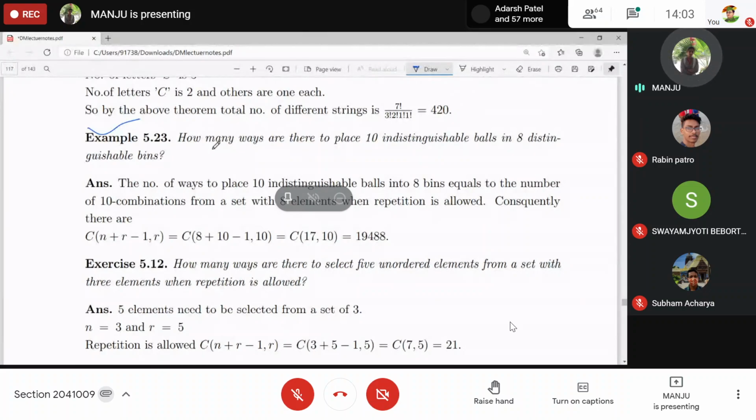So, how many ways are there to place 10 indistinguishable balls in 8 distinguishable bins? See, 10 indistinguishable balls you are putting in 8 bins. That means you want 10 things distributed over 8, that is x1, x2, and so on.